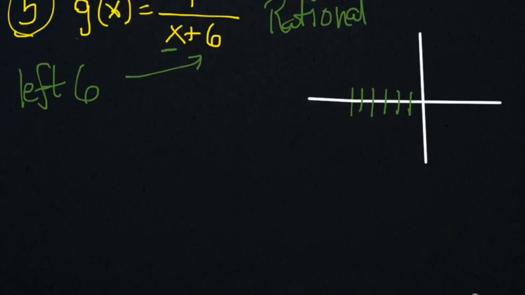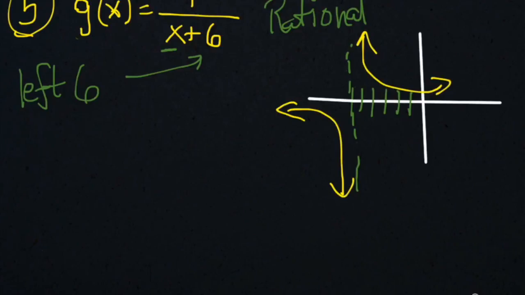Remember, the rational was kind of weird because it basically didn't touch. So we're just going to draw a little dashed line right through there. And the curve is the cool part. Remember, the curve is up and above on the right and down below on the left, because the rational has 2 asymptotes, one horizontal and one vertical.